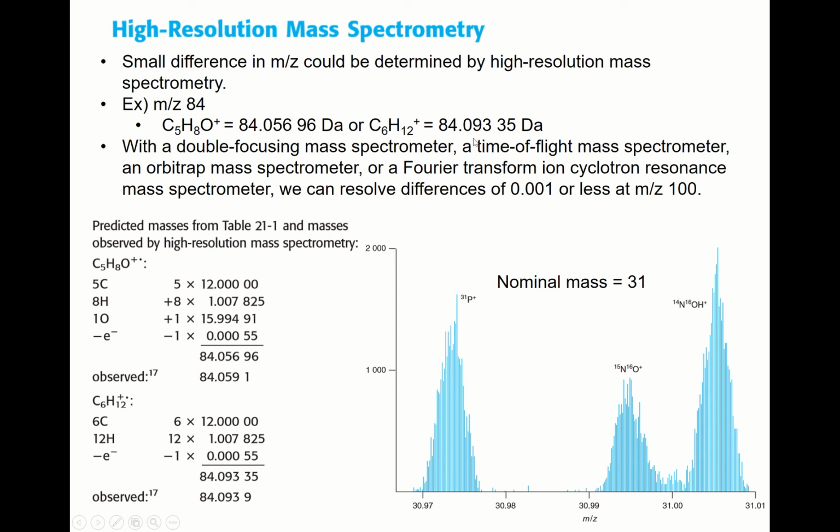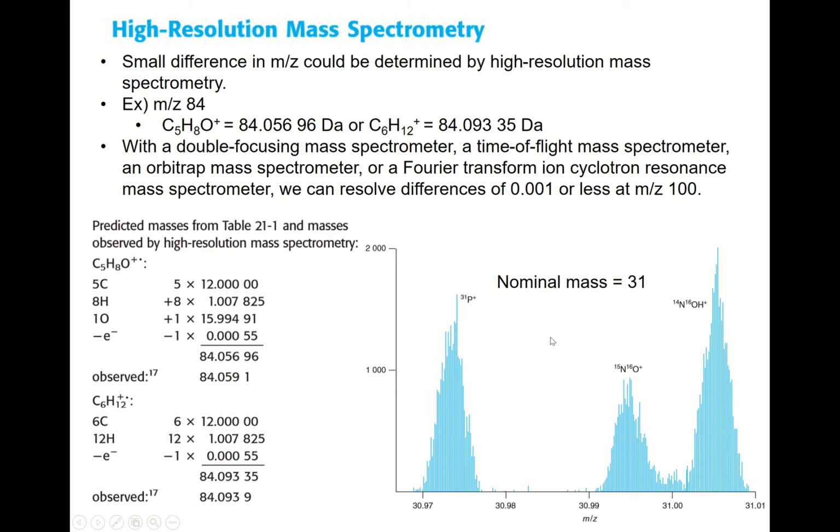A very small difference, but with a high resolution mass spectrometer it is possible to distinguish it. How? With a double focusing mass spectrometer, a time of flight mass spectrometer, an Orbitrap mass spectrometer, or a Fourier transform ion cyclotron resonance mass spectrometer it is possible. Now we can resolve a difference of 0.001 or less at mass number 100.